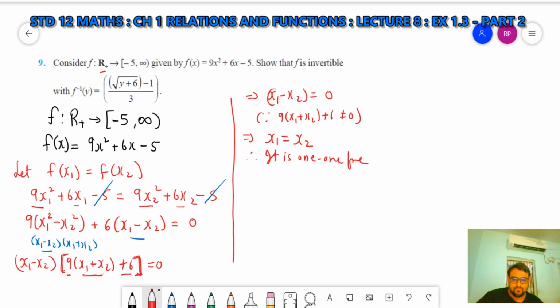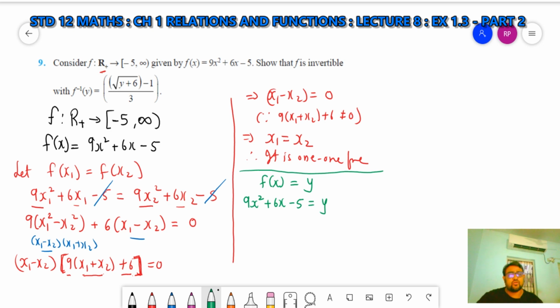Clear? Okay. Now let's check for onto. So what we do for onto? f(x) is equal to y. So what is f(x)? 9x square plus 6x minus 5 equal to y. Now in such type of equation, when one x is having power 2 and one is having power 1, if you want to find out the value of x in terms of y, then try to make it a perfect square.